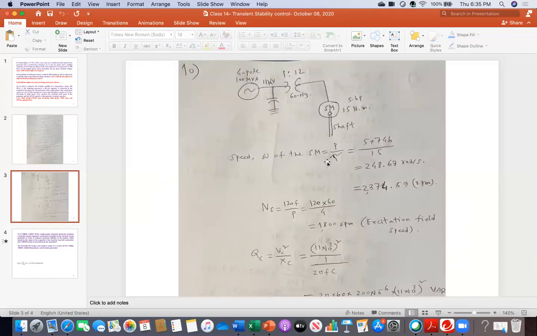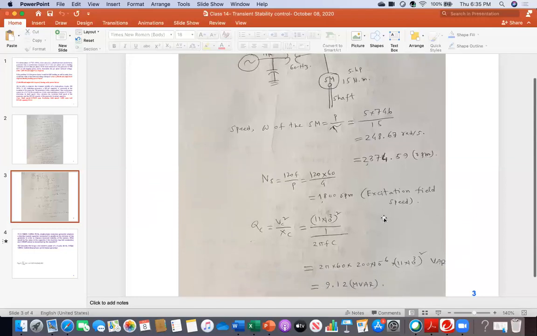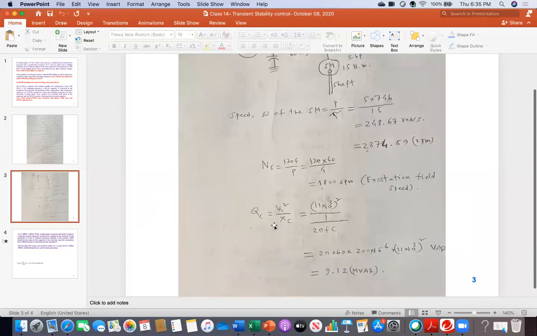So speed omega of the synchronous motor is P over tau, torque. Then you see, I got this number. And then I am calculating the excitation field speed. And then at last, see my calculation of reactive power across the capacitor, VC square over XC, and you know XC means 1 over 2 pi FC. So finally, you should be getting 9.112 MVAR.